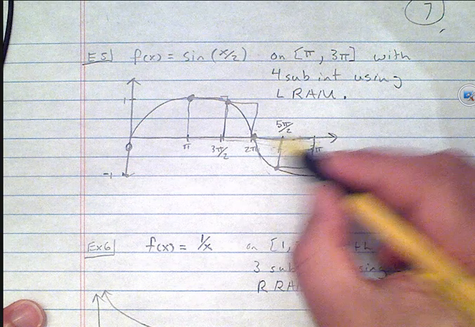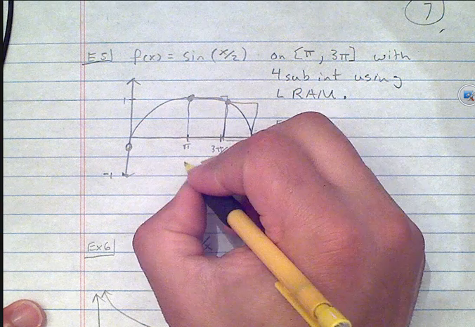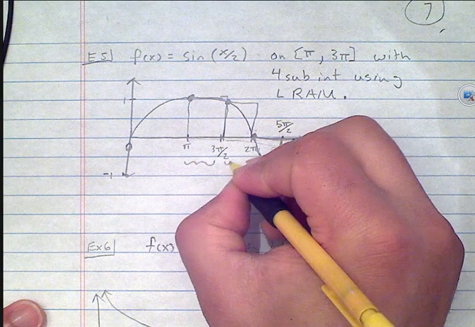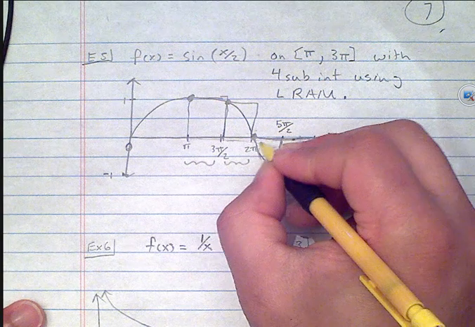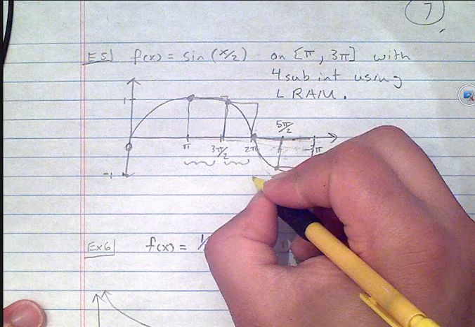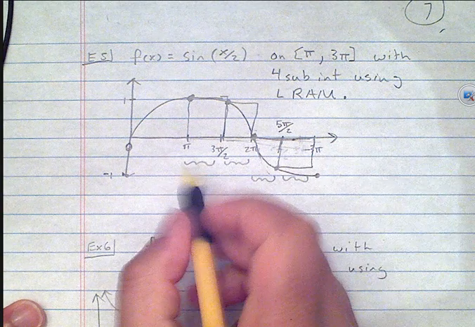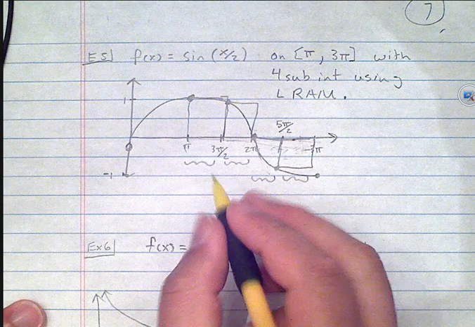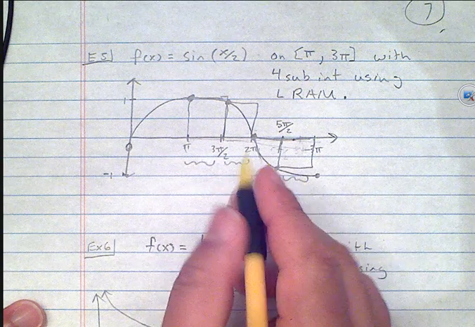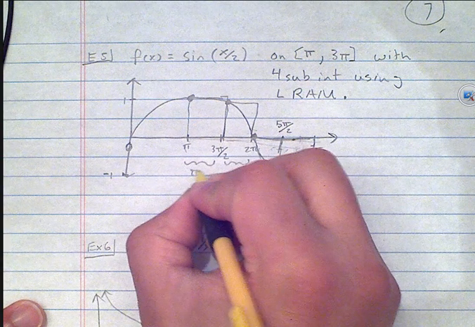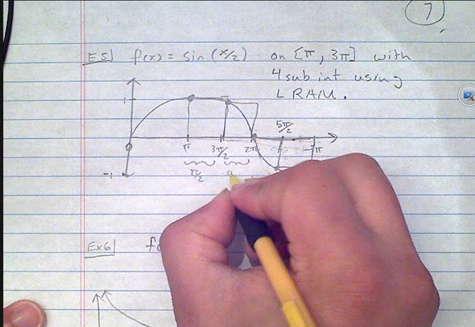This breaks up nicely into chunks like this. This is my delta x, how wide the rectangles are. Right here delta x goes from pi to 3 pi over 2. Well, that's adding pi over 2 every time. So pi over 2 is your delta x.